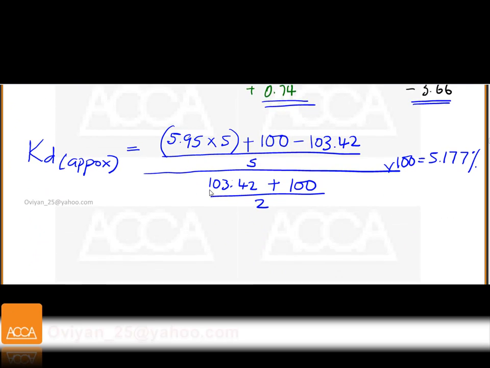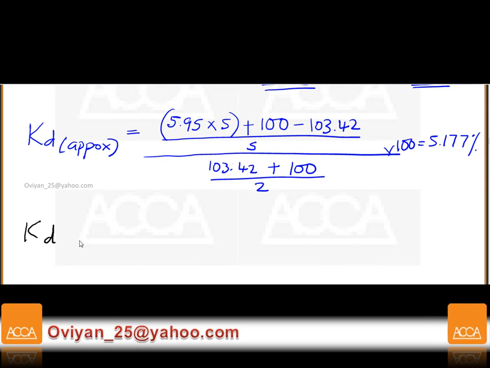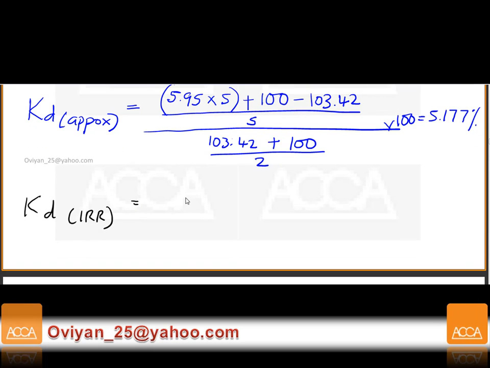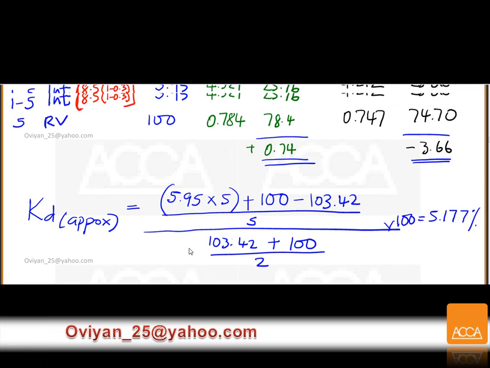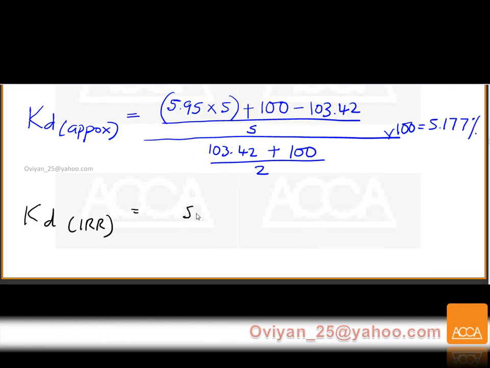Now we're going to find the cost of debt using the IRR interpolation method, where you take the small rate. What's the small rate? 5%, plus the small rate NPV.